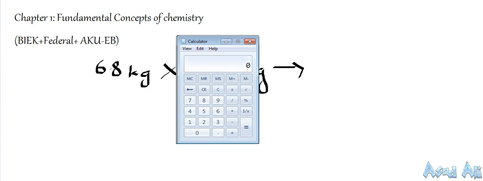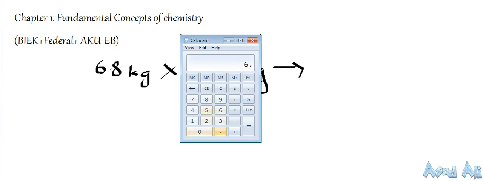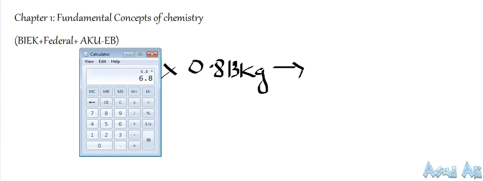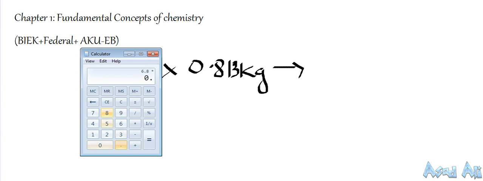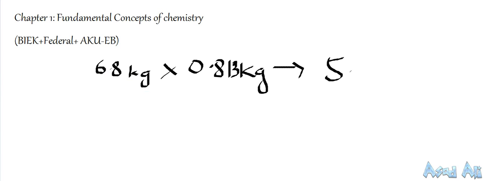Now we have calculated 6.8 multiplied by 0.813, and that will become 5.5284. But now we'll round off to 2 significant figures.